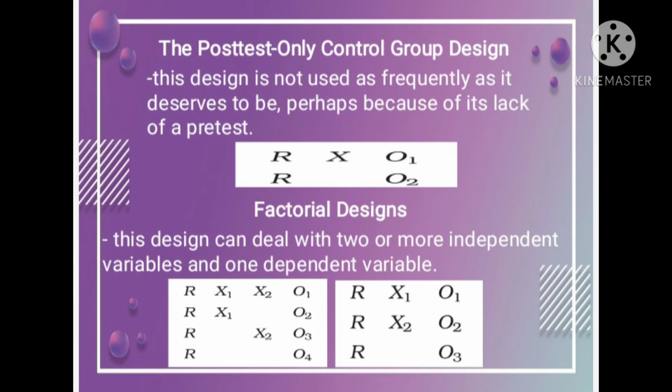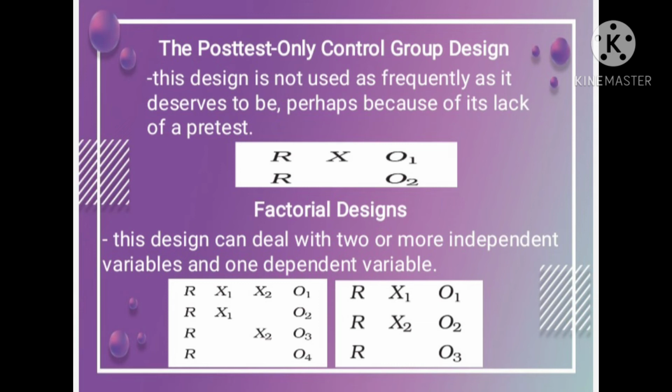We have the post-test only control group design. This design is not used as frequently as it deserves to be, perhaps because of its lack of a pre-test. The diagram is the same as the last 2 groups of the Solomon 4 group design.